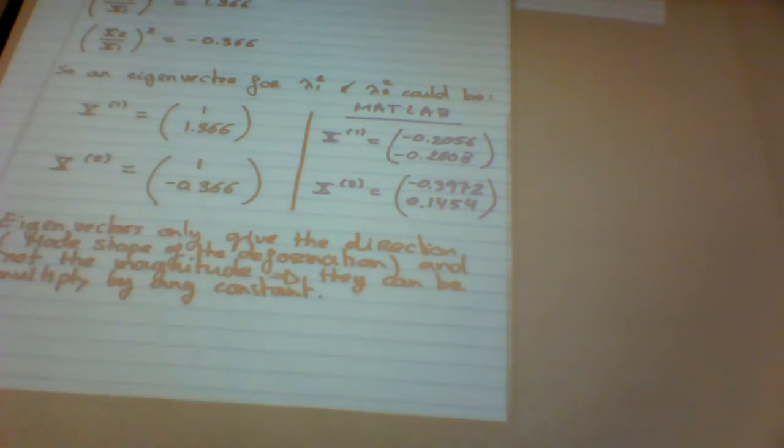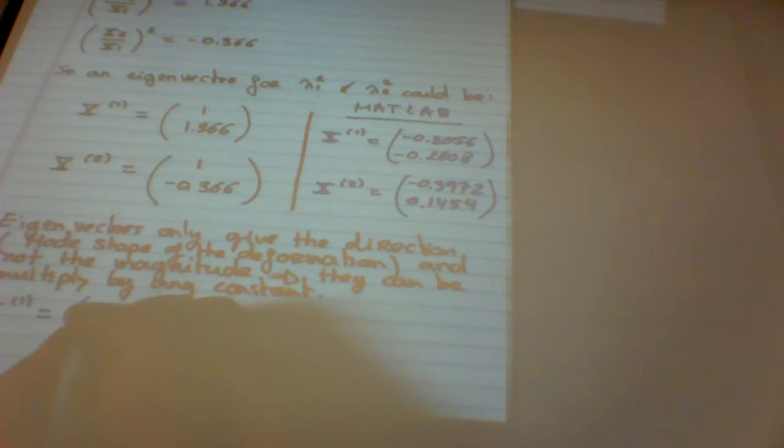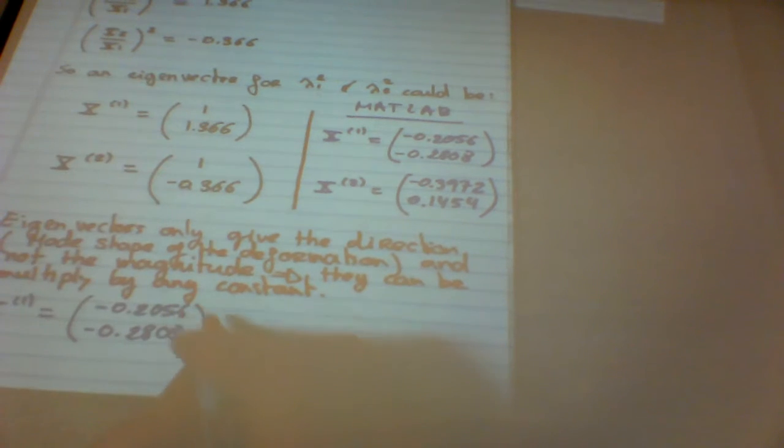So let's say over here, we do the MATLAB X1, we have negative 0.2056, negative 0.2808, and we multiply that one by what? 1 over negative 0.2056.